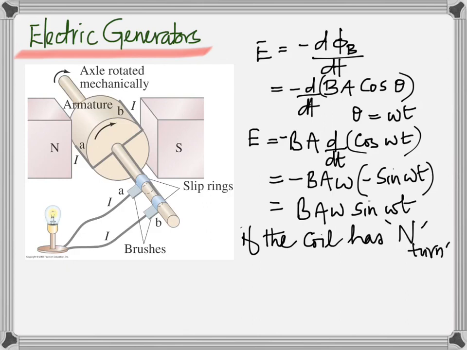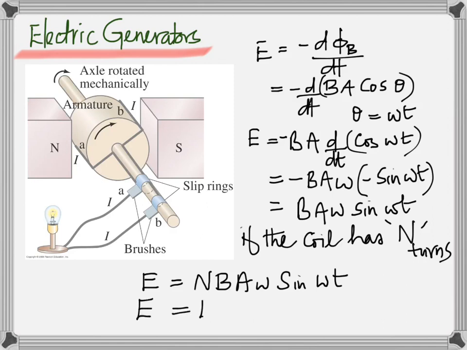If it has N loops, you just multiply this with the number. And you get the final formula, NBA omega sine omega t. And all of these are constants. So we can put that as E naught. So remember that E naught is NBA omega. So you get E is E naught sine omega t.